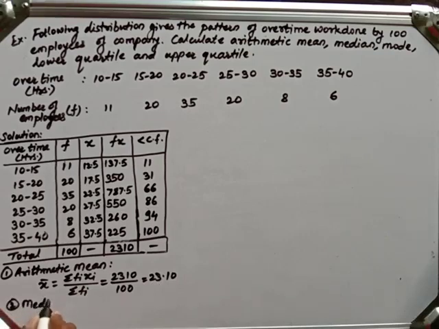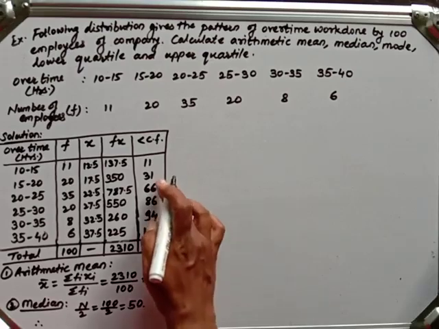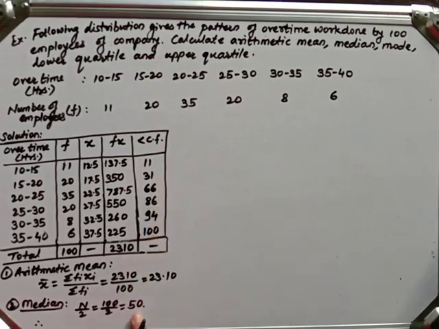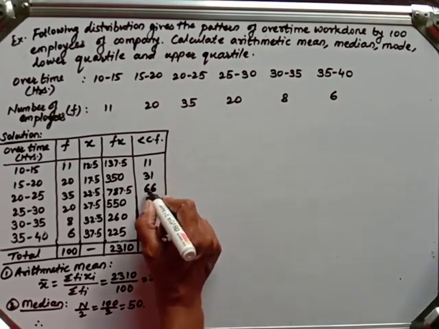Fine. Now second one, let us start with median. For median we need to determine a median class first. So for that we will determine n by 2. N by 2 is 100 upon 2 equal to 50. Therefore we have to look for the less than type cumulative frequency which is just greater than or equal to 50 the first time. So it will be 66.